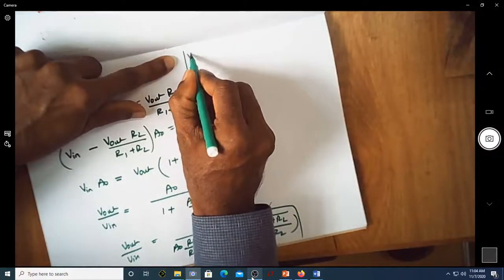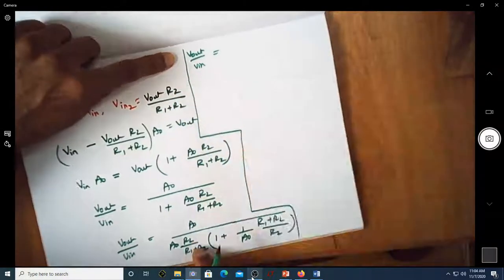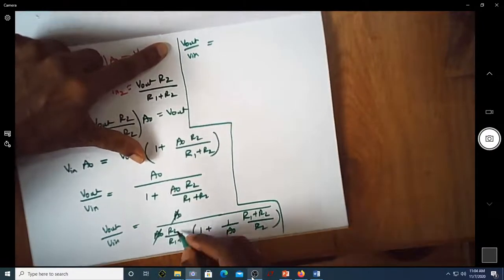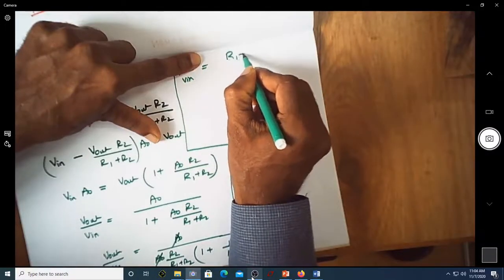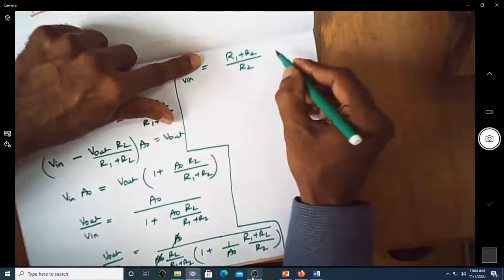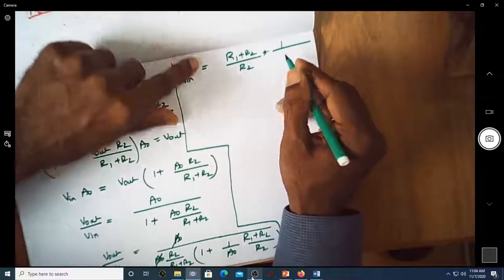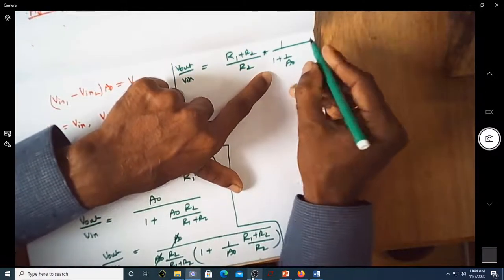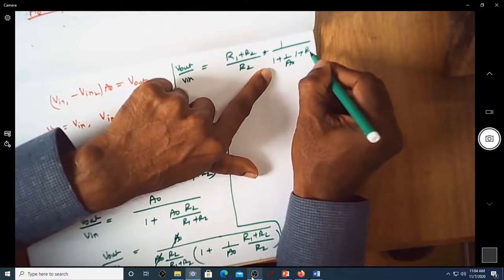I have V out by V in as equal to this expression. This A naught will go with this. So I can rewrite this as R1 plus R2 divided by R2, multiplied by 1 over 1 plus 1 over A naught, and this also I can write as 1 plus R1 by R2.